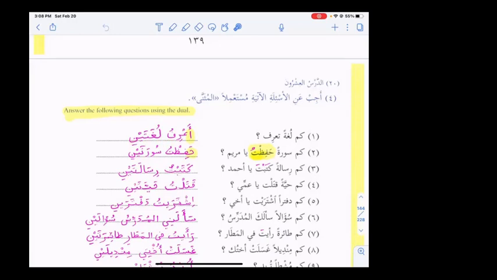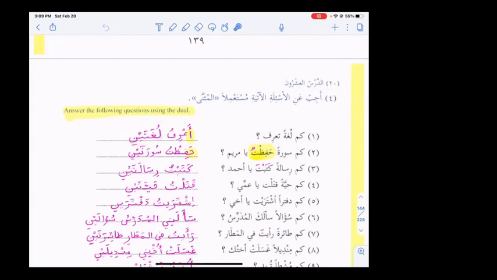So lugataini is mafulun bihi and it is mansub, but it is dual, so the alamatu nasb is ya. So lugataini, you can say mafulun bihi bil ya, liannahu musanna.